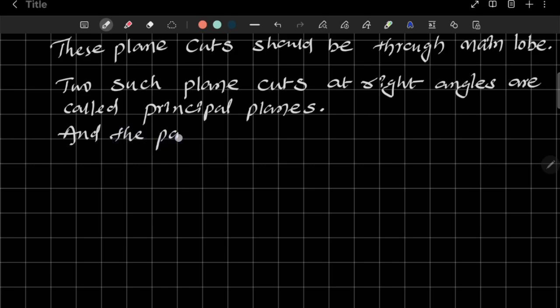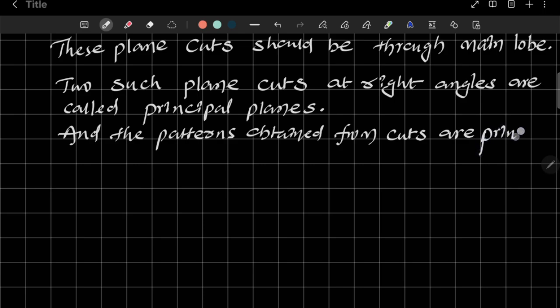And the patterns obtained from these cuts are principal plane patterns.